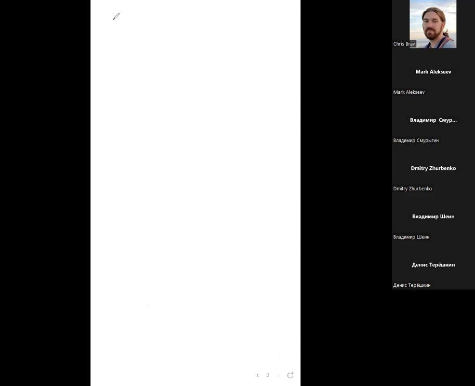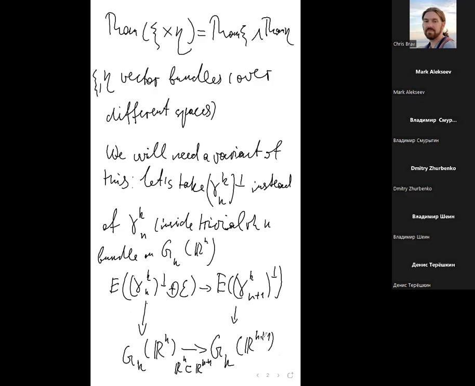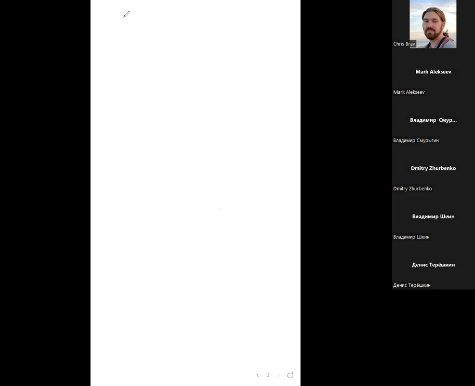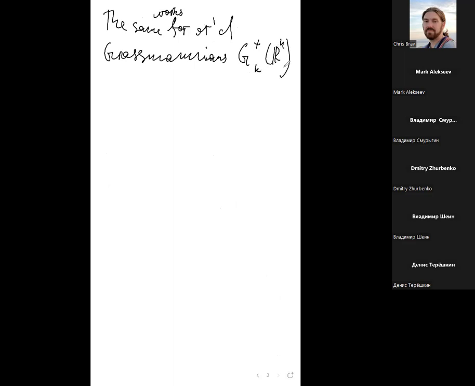Okay, now the strange notation. Before I explain the notation, let me just say that the same works in the oriented case as well. And we will need the oriented version for oriented diffeomorphisms.